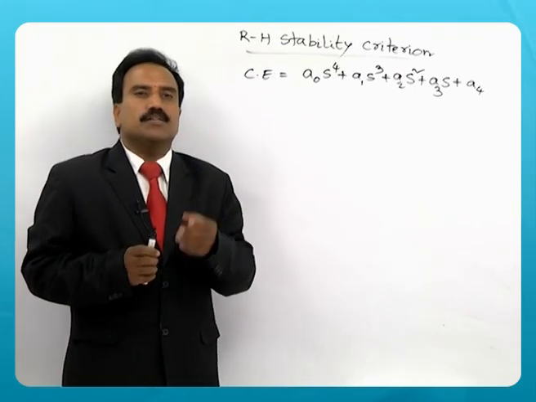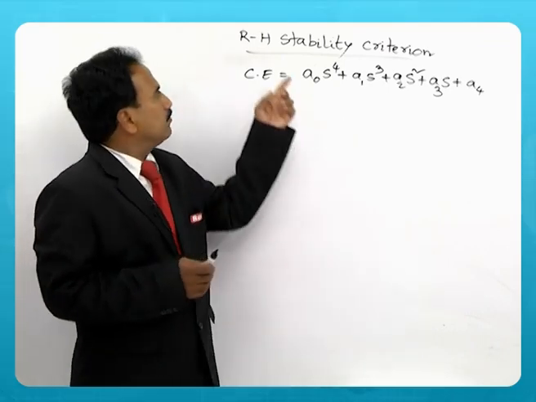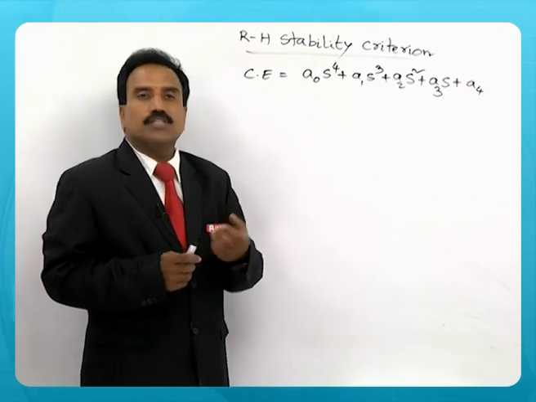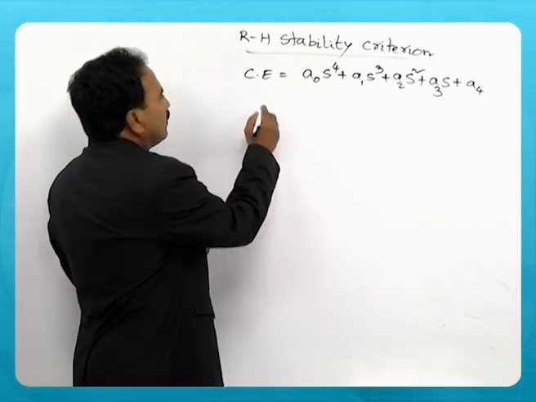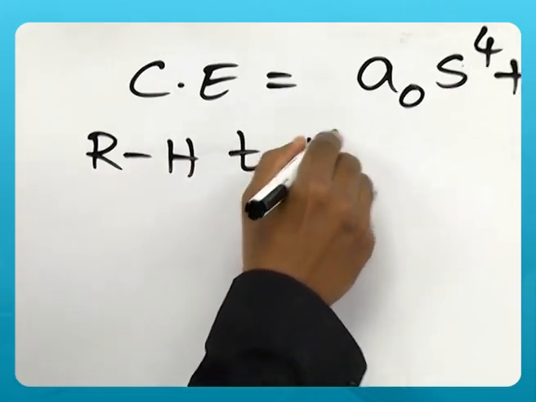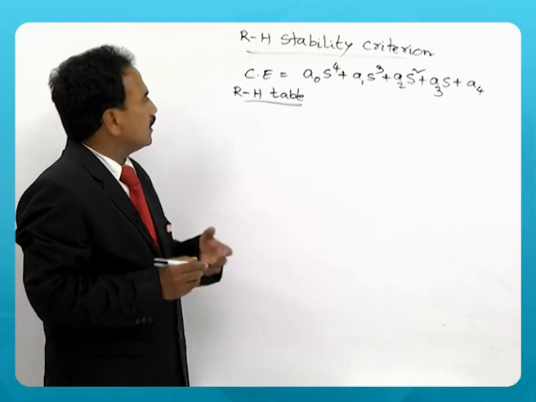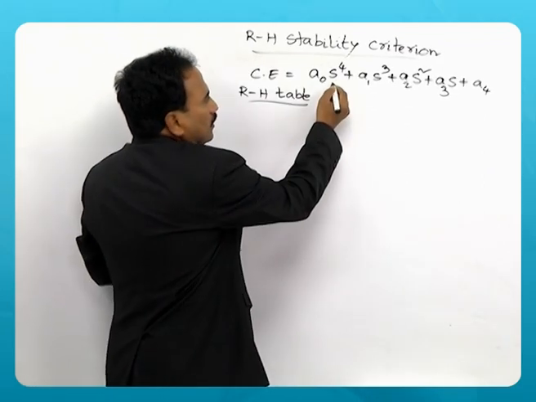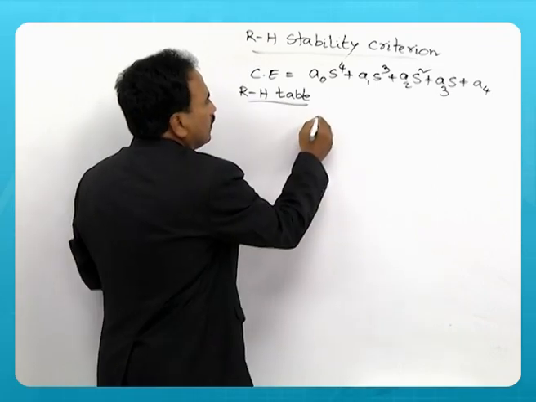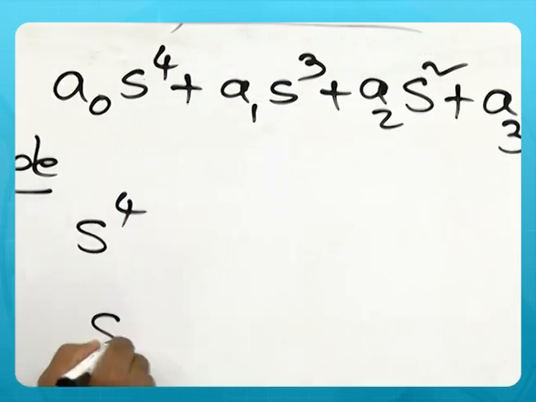The necessary and sufficient condition for stability must be known from RH stability criteria, and the characteristic equation is required for that. For this, you need to create an RH table. The highest order of S is 4 here, so indicate S power 4, then S power 3.